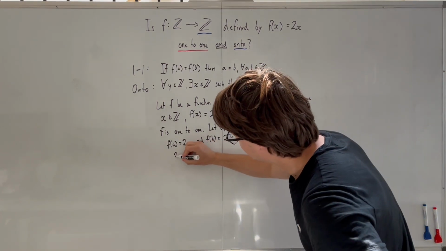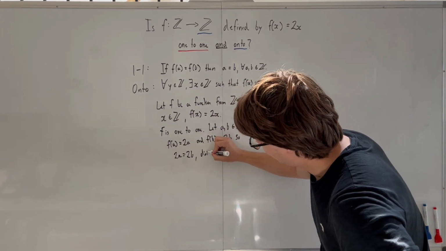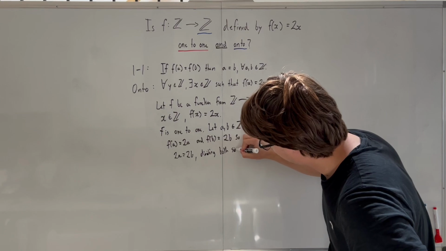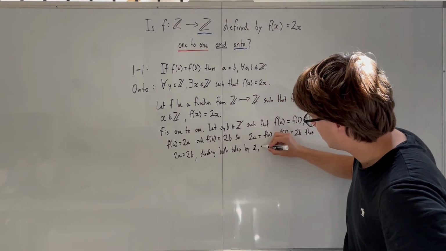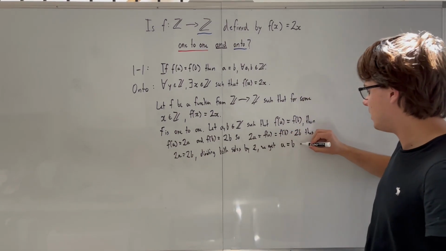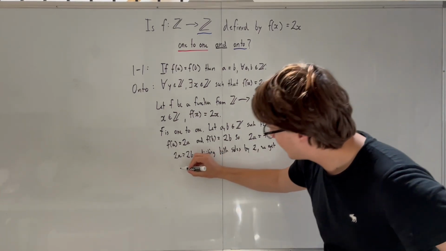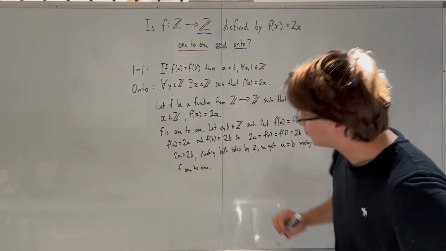Thus, 2a is equal to 2b. Dividing both sides by 2, we get a is equal to b, making f 1/1. So there we go.